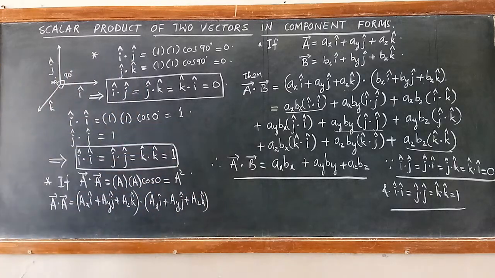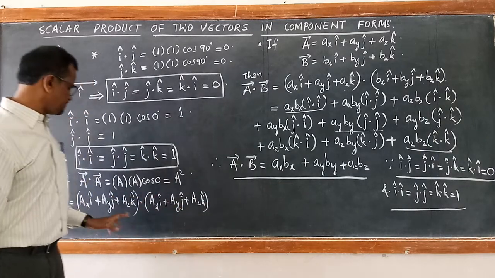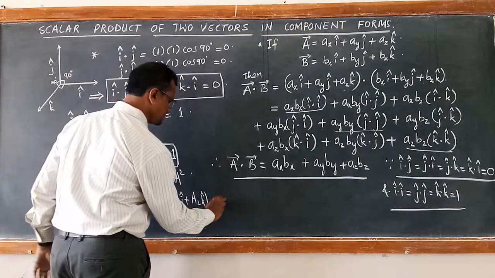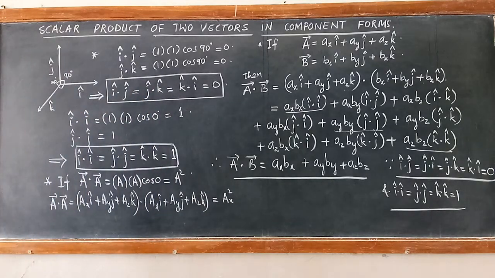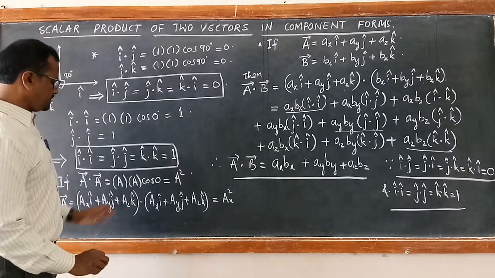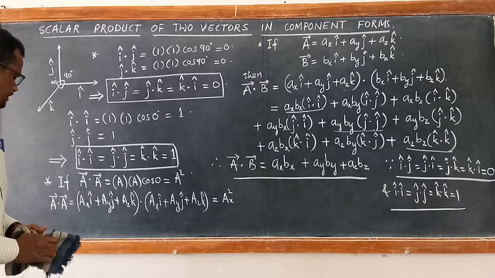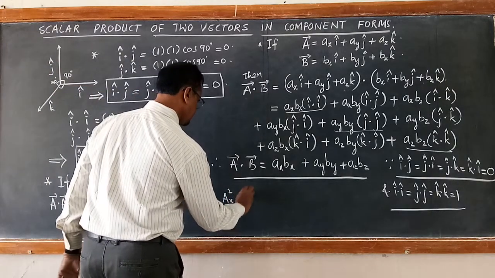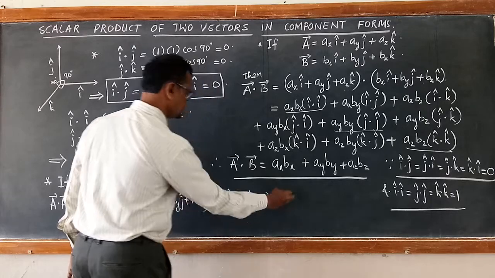Using this result, what can we write? ax into ax plus ay into ay plus az into az. That becomes ax square plus ay square plus az square.